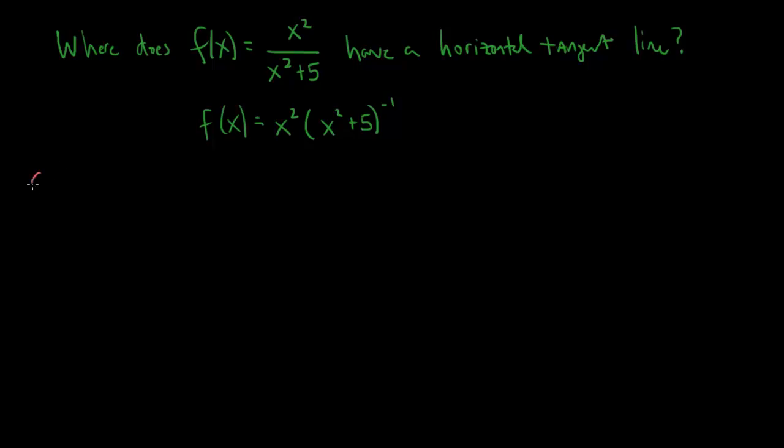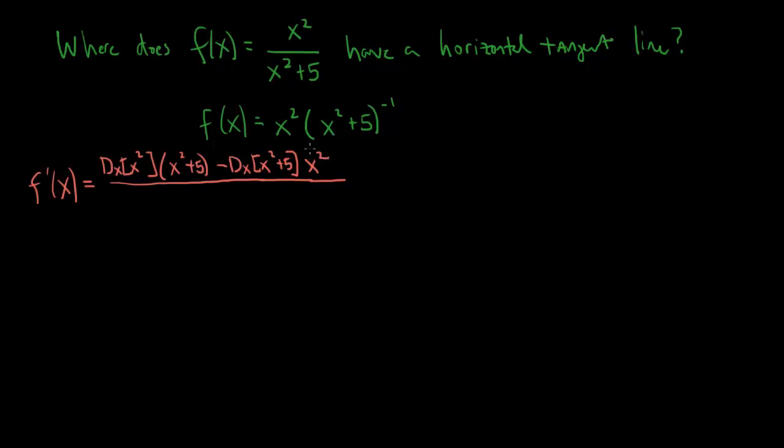So we could say f prime of x using the quotient rule is equal to the derivative of the top, so the derivative of x squared, times the bottom function, x squared plus 5, minus the derivative of the bottom function, x squared plus 5, times the top function, all over the bottom function squared.